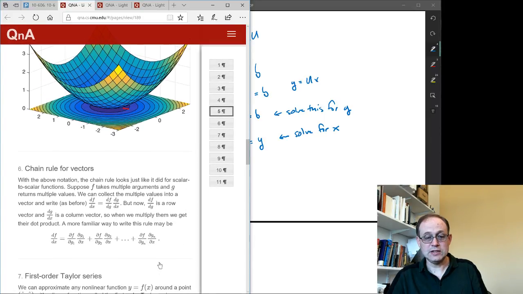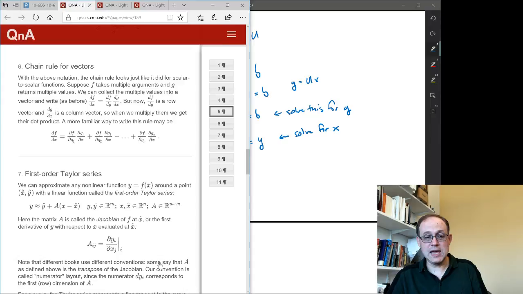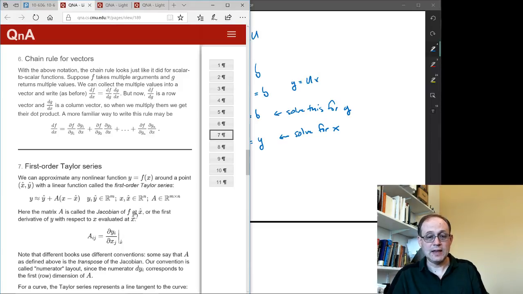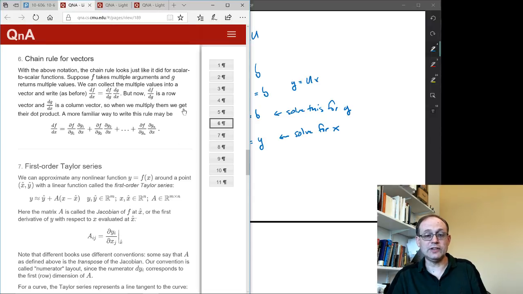All right, you may have seen the chain rule for vectors in a previous calculus class. The nice thing about the way we've set up the notation so far is that it looks exactly like the chain rule for scalar to scalar functions. If we have f which takes multiple arguments and g that returns a vector of values, then we can take f of g and take the derivative of f of g of x.